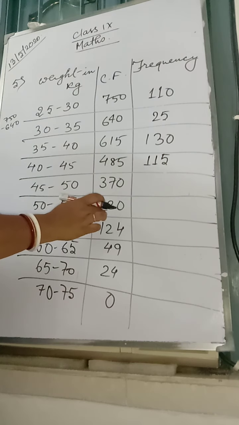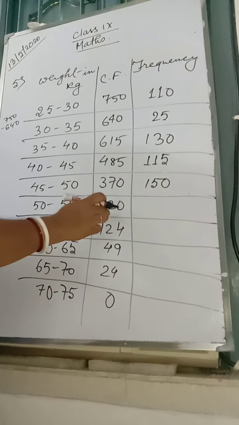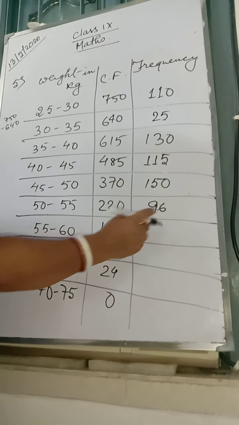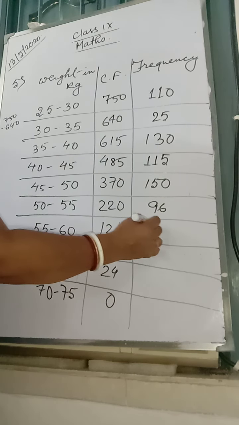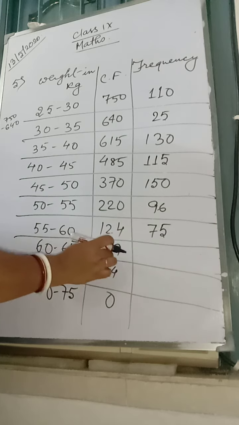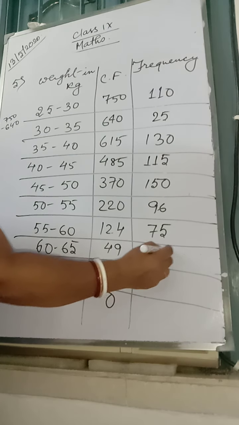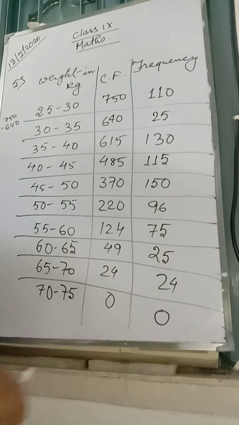Now 370 to 220, 150. 220 to 124, 96. 124 to 49, that gives you 75. When we subtract, that gives you 25. This is 24. And this is 0.